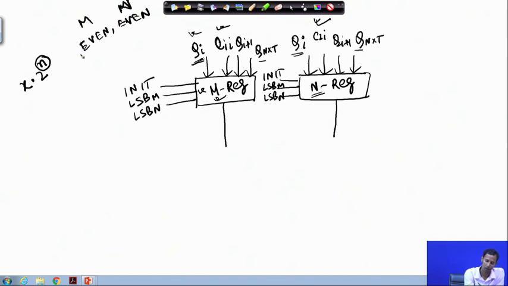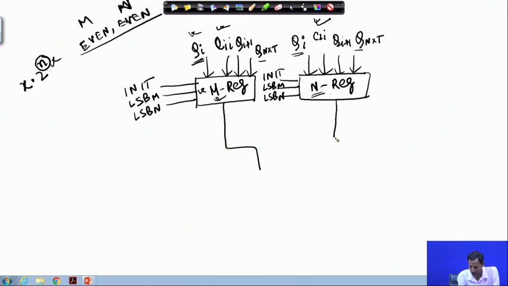That has to be stored somewhere. And what is the terminating condition? Whenever the m and n values are the same, the loop will terminate.